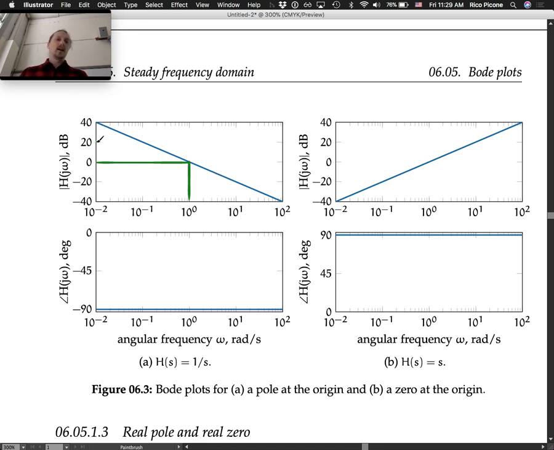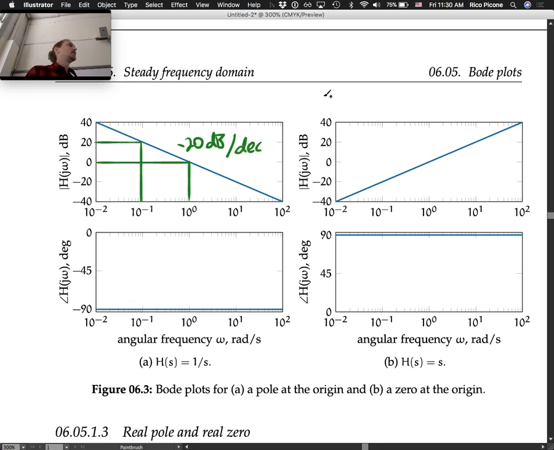Importantly, look at this: in 20 dB, it went from 10 to the minus 2 to 10 to the minus 1. And in the next 20 dB, it goes from 10 to the minus 1 to 10 to the 0. It's got a constant slope. We say it goes negative 20 dB, and we call a factor of 10 a decade.